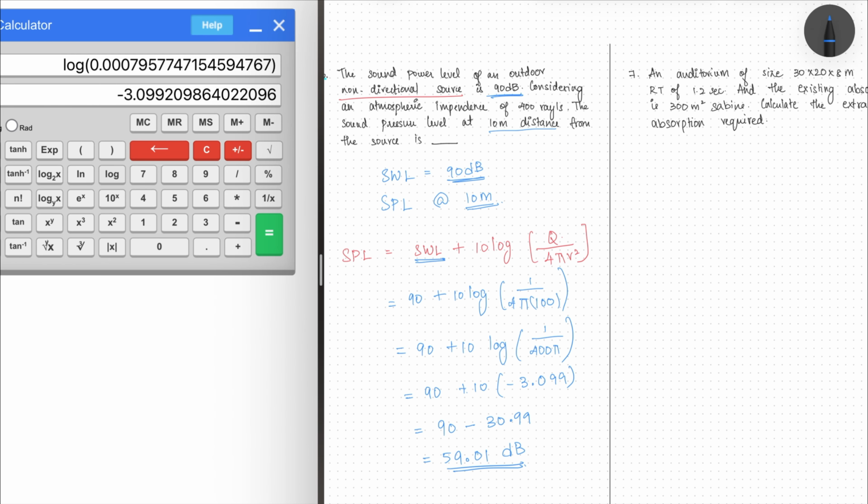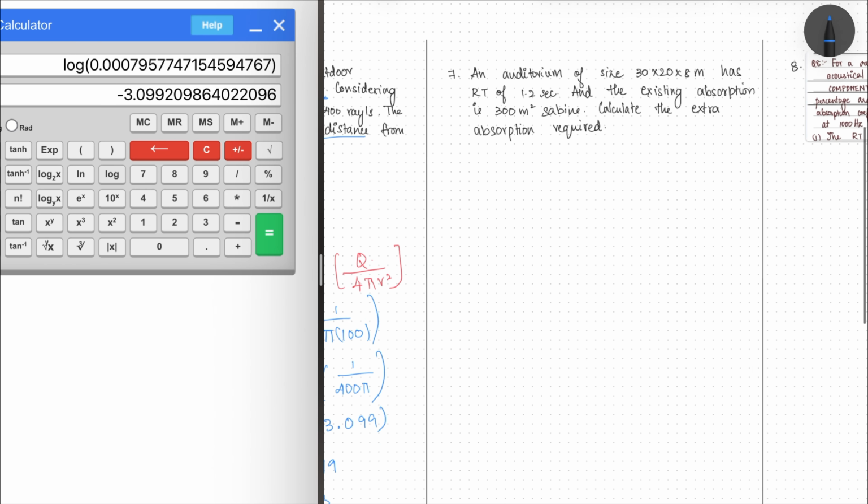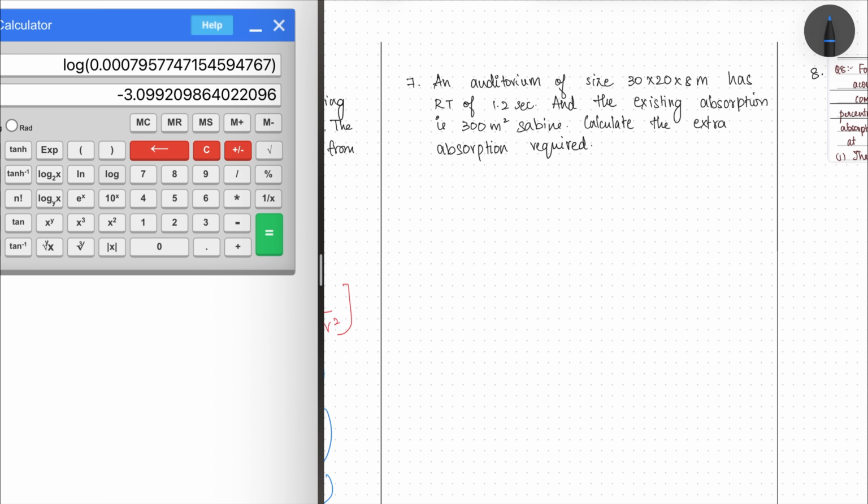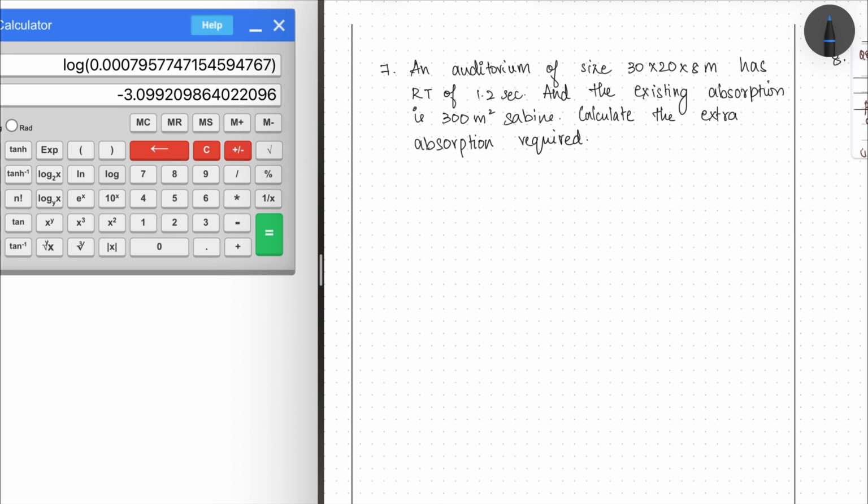Okay, now we are gonna solve sums of reverberation time. So this is much easier comparatively. So let's move on. An auditorium of size 30 into 20 into 8 meter has a reverberation time of 1.2 second.